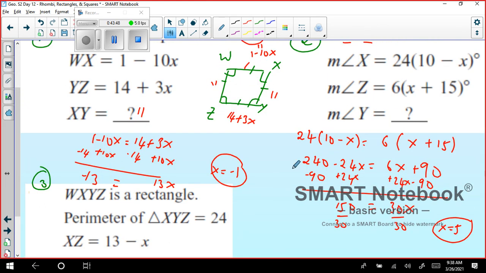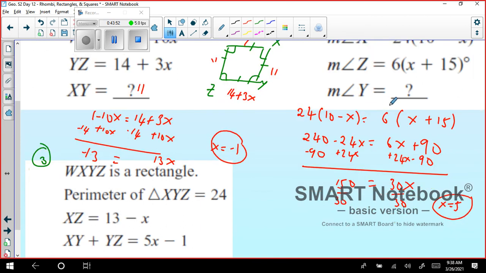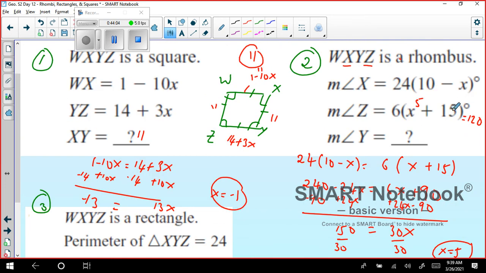So once you get x as 5, you can substitute in z. Let me find angle z. So if I substitute here, x equals 5, 15 plus 5 is 20, 20 times 6 is 120. Okay, observe here, Y and Z are adjacent. Adjacent angles will add up to 180.